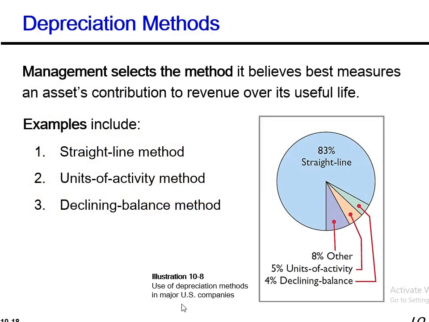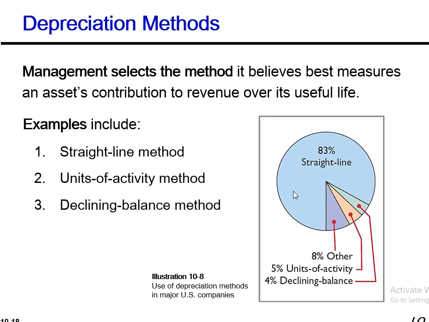In this chapter, we will be learning about three methods of depreciation: straight line method, unit of activity method, and declining balance method. Basically these are the methods which are the basis for other types of methods. If you look into this pie chart, you will find out that in the US 83% use the straight line depreciation method for plant assets.